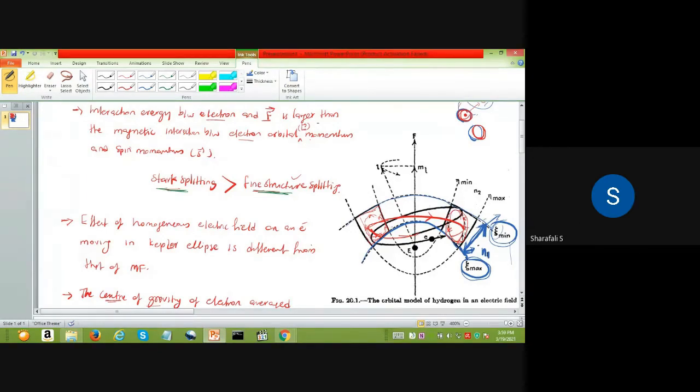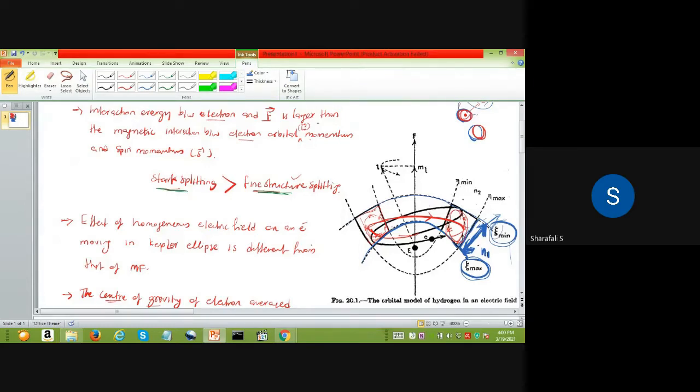Actually this is in 3 dimensions, so you have to picture it like that, because electrons revolve around the nucleus in a 3D fashion, not in a 2D fashion. So n1 will limit the electron motion in these two paraboloids.